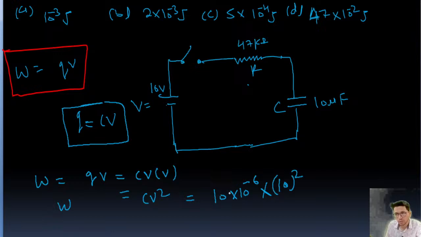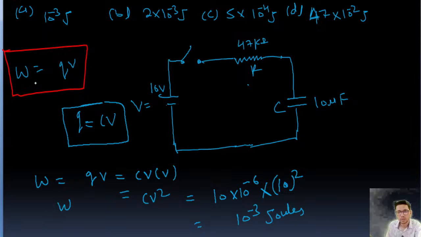If you solve it, this is going to be 10 to the power minus 3 joules. Okay, so very simple formula based question, guys. 3.5 marks question of CSIR NET, June November 2020.